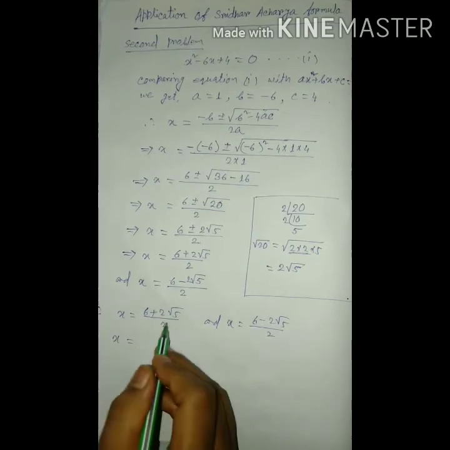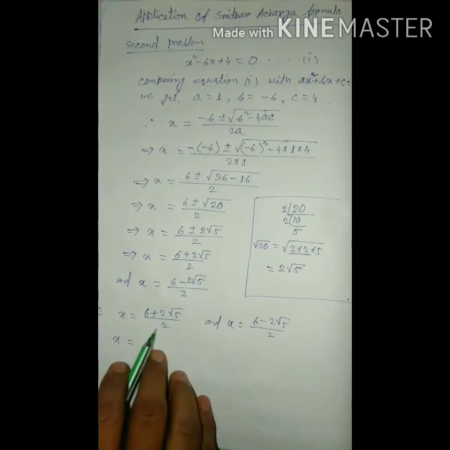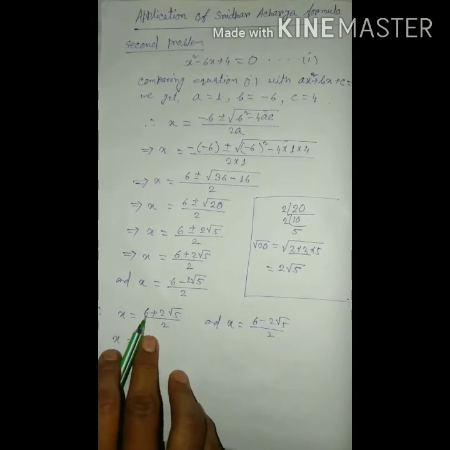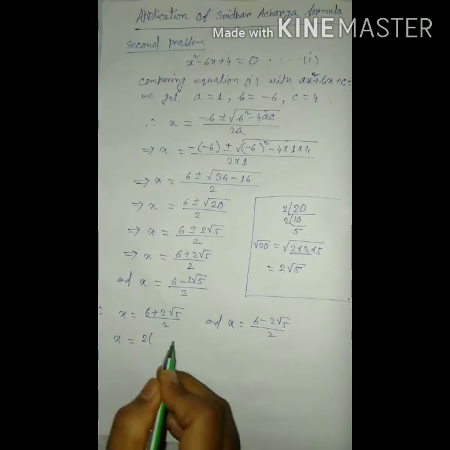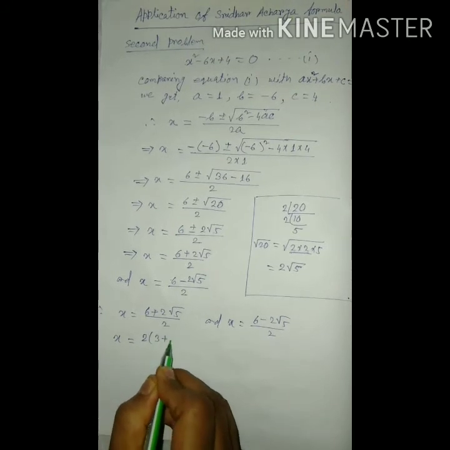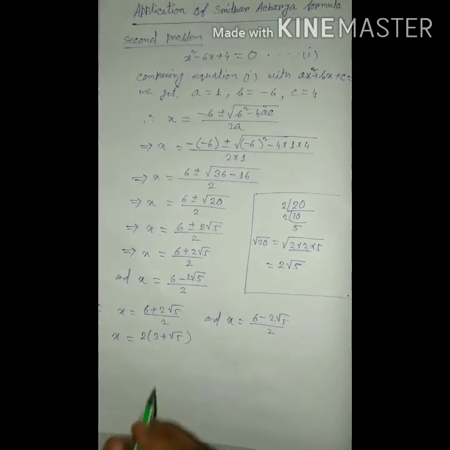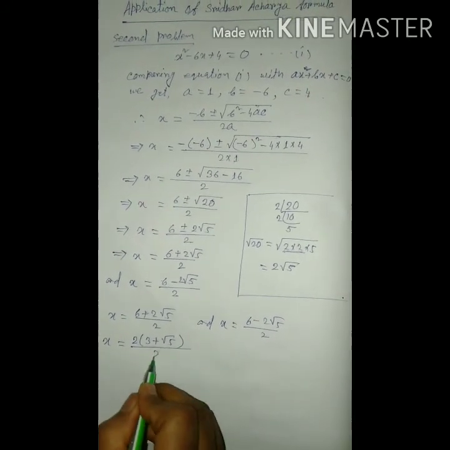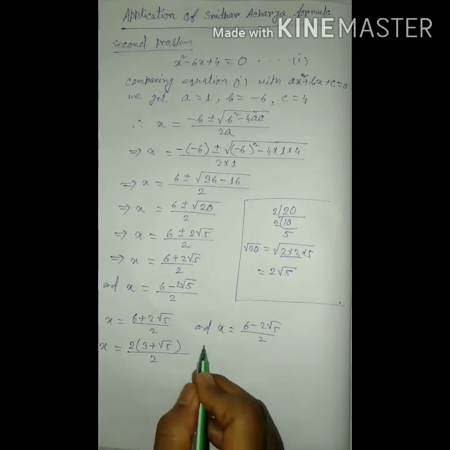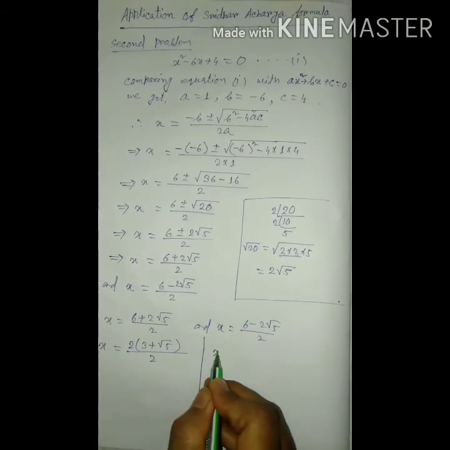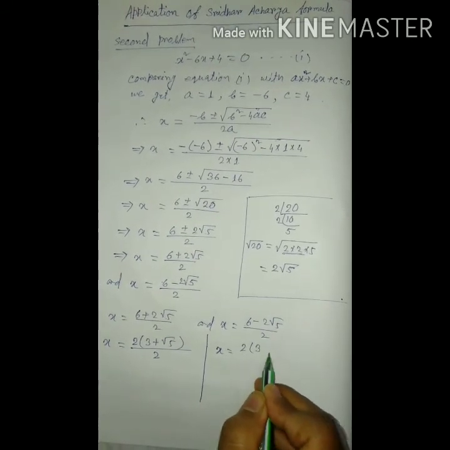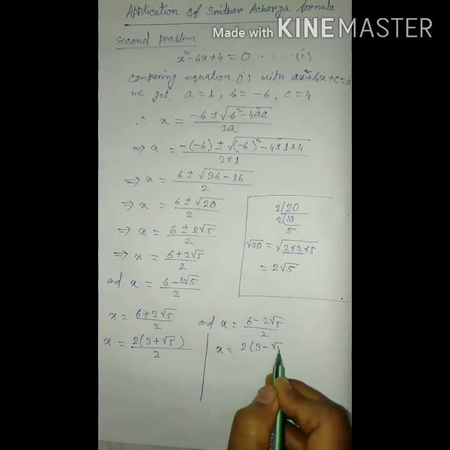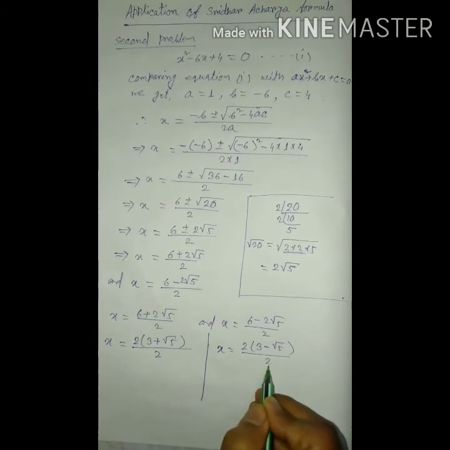X is equal to, we take common from 6 and 2, we get 2 into 3 plus root 5 by 2, and x is equal to, same way, 2 into 3, here sign is minus, by 2.